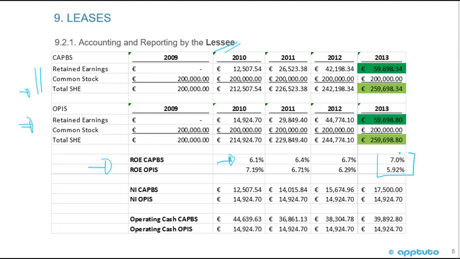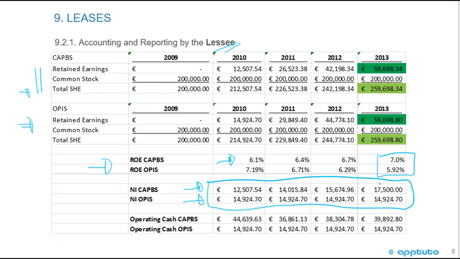And you can see that because I just copied from the previous slide. Here's a little reminder of the net incomes. It's easy to understand the operating lease. The net income is the same amount every year, but the net income on the finance lease, because we've got interest and depreciation, and the interest is higher in the early years, is lower on a finance lease in the early years.